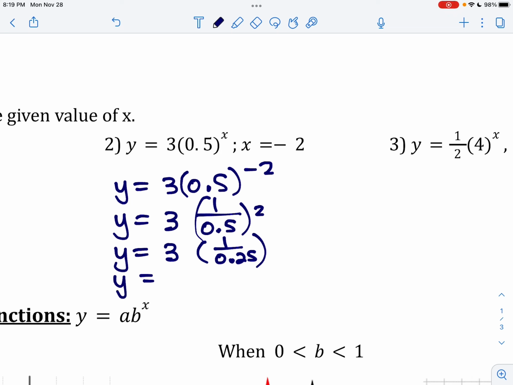And 3 times 1 over 0.25 is the same as multiplying straight across, 3 over 0.25. And if we put that into our handy dandy calculator, we are going to get 12. And if you think about it, there's 4 quarters in a dollar, right?